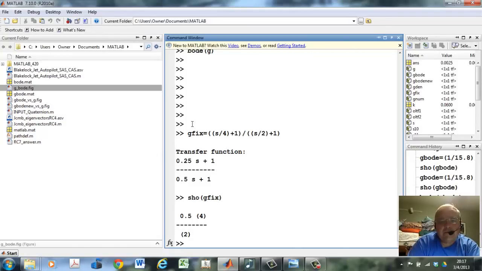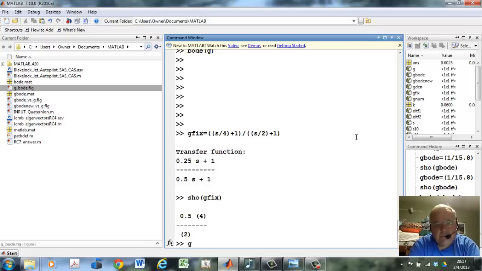So here in MATLAB, I've added my s over 4 plus 1 divided by s over 2 plus 1. And again, you use this format for the Bode plot because then you see that the LFA, the low frequency asymptote, is 0 dB. So anything to the left of this is not going to change the gain. So I have a pole at 2 and a 0 at 4. And then I take that G fix and I'm going to add it to G Bode.